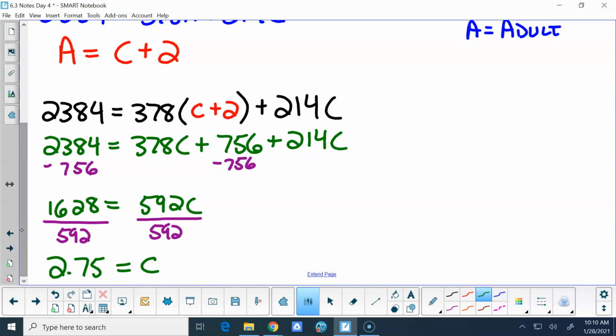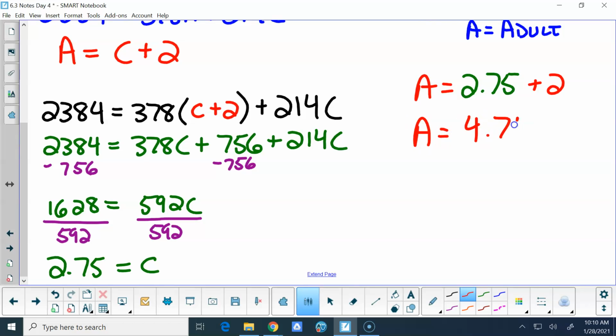And then we have to plug that back into A equals 2.75 plus 2. So an adult pass would be $4.75. Agreed?